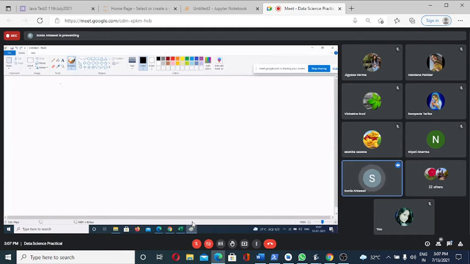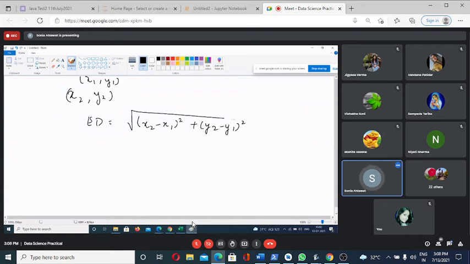So class, for Euclidean, if I have these two data points, the Euclidean distance will be calculated by (x2 minus x1) का square plus (y2 minus y1) का square.